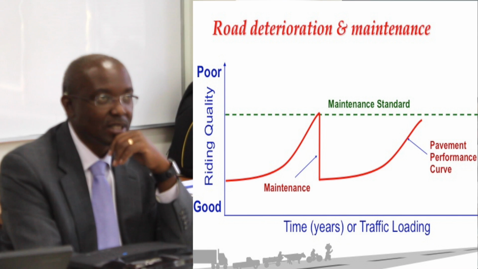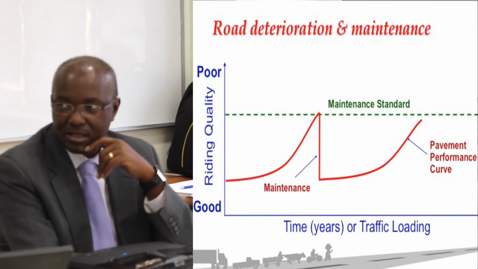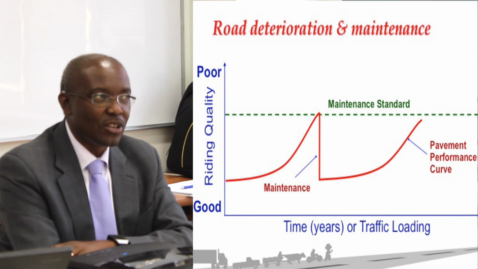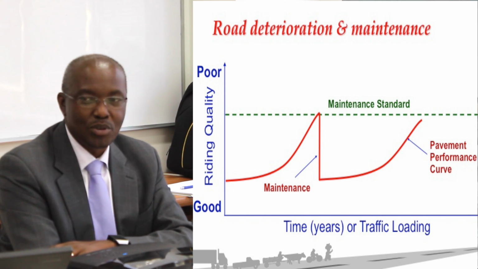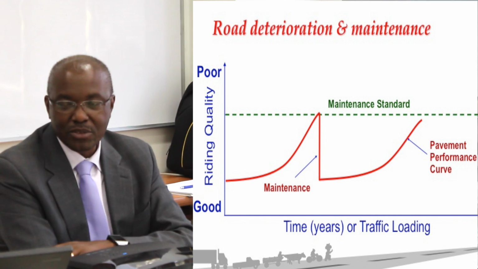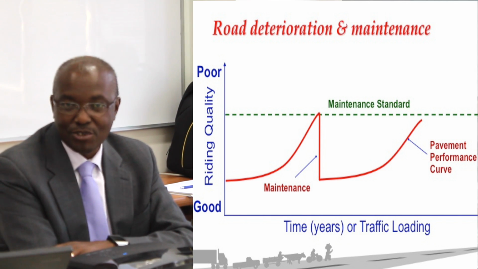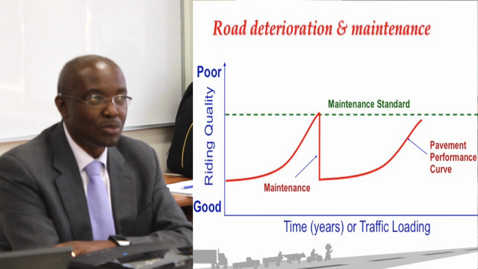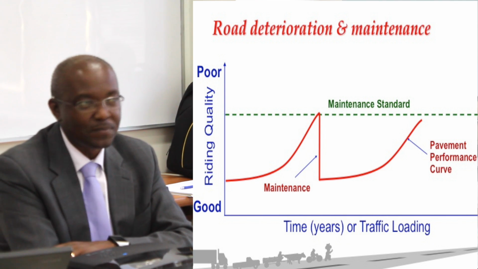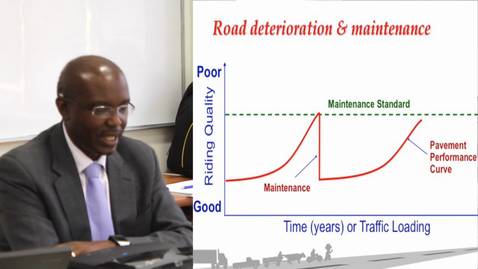And at some point, you would apply some maintenance standard, which would then bring it maybe not back to the same level, but improve the condition over a fairly short period of time. We're talking here, the x-axis is probably 25 years or 40 years. So this would be done within the rehabilitation or reconstruction. It would be a matter of 1 year or something, okay? And then we continue again.